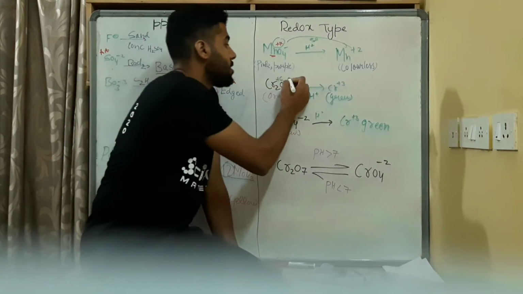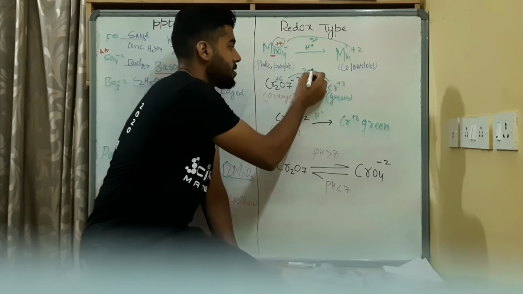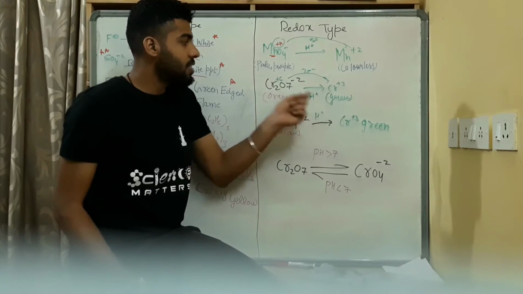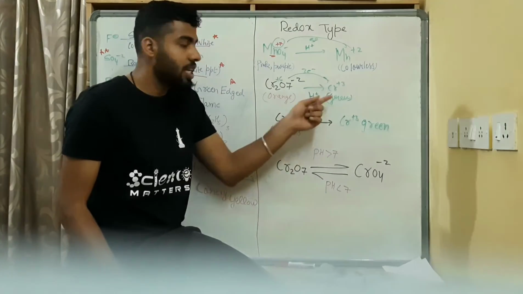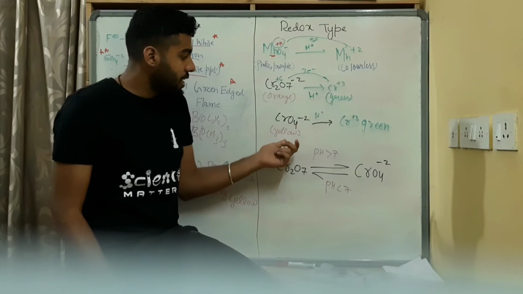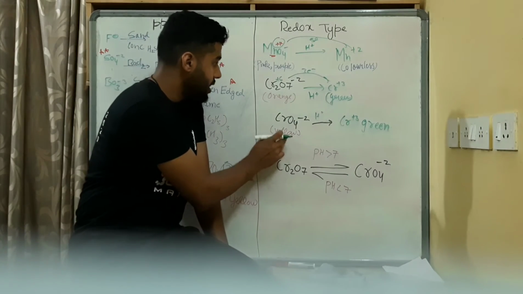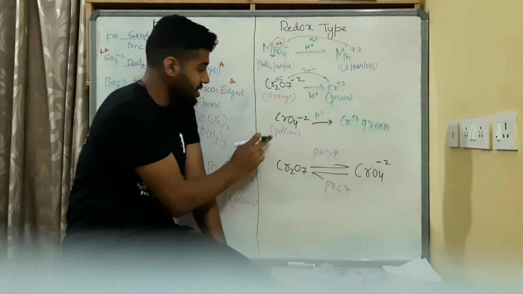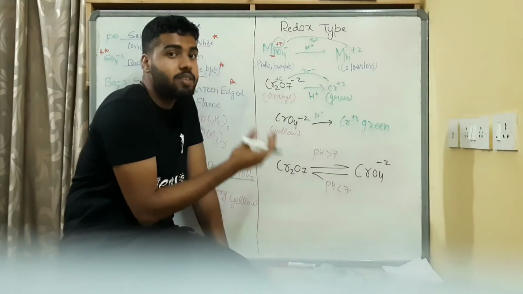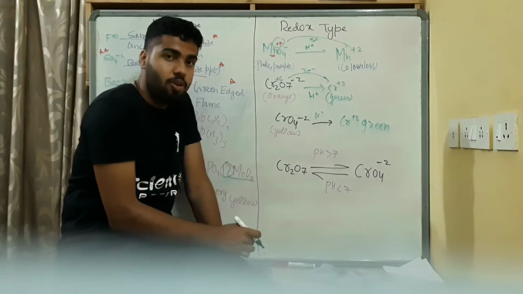So this is being reduced by 3 electrons. The color changes: Cr2O7 2- is orange, and the Cr3+ ion is green. Similarly, the CrO4 2- color is yellow. Cr2O7 is orange and CrO4 is yellowish, and they are visibly distinguishable.